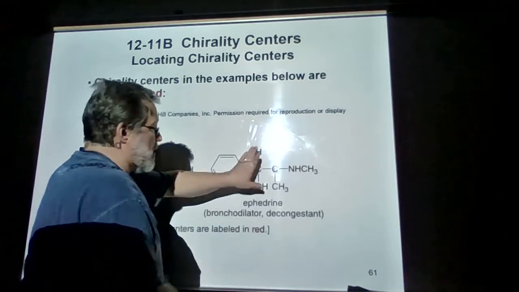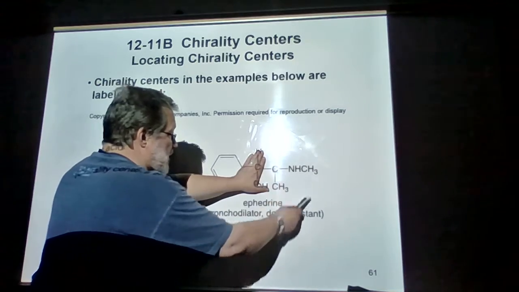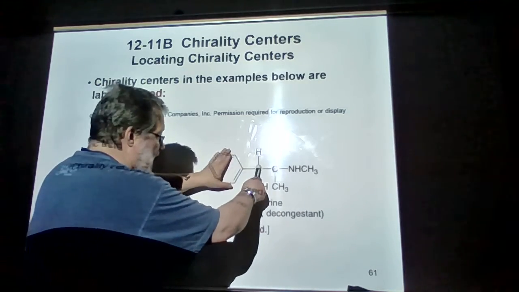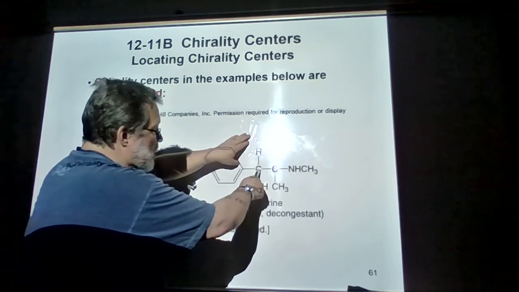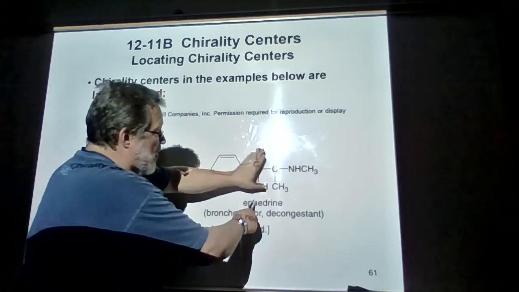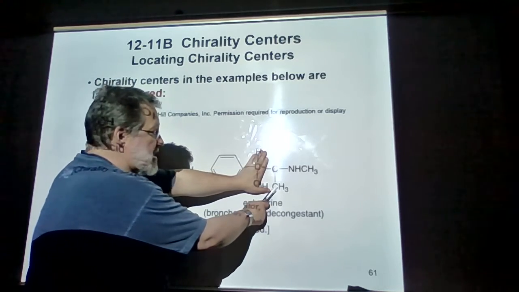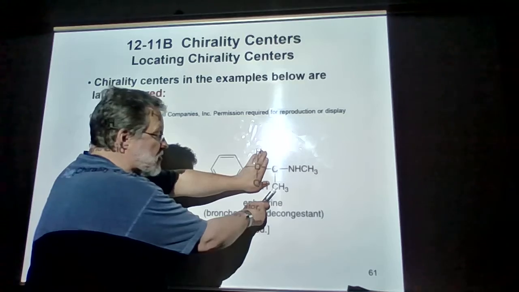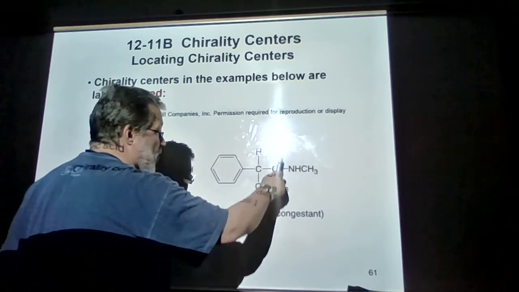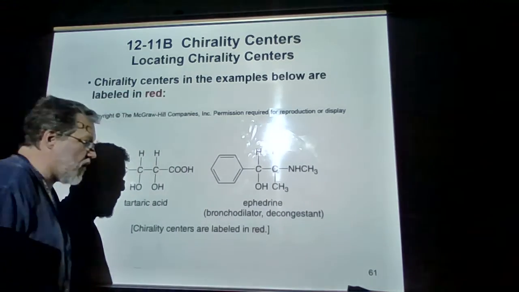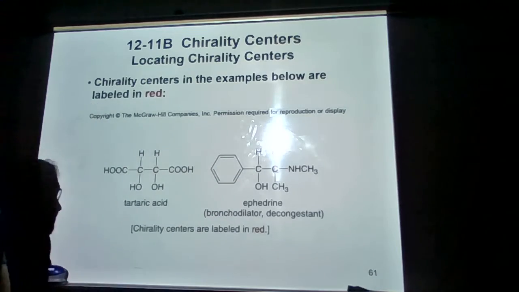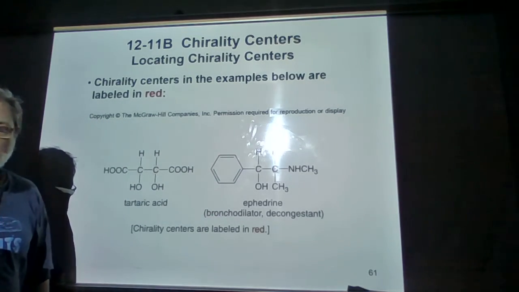If we look at this carbon, it's bonded to hydrogen, to a nitrogen, to a CH3 group, and to another carbon-containing group bonded to an H and an OH. Is that bonded to an H and an OH? No, it's bonded to three hydrogens. So we've got 1, 2, 3, 4 different groups. Both of those carbons are chiral.